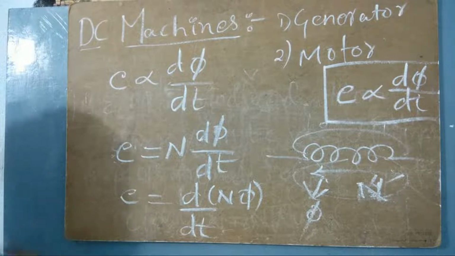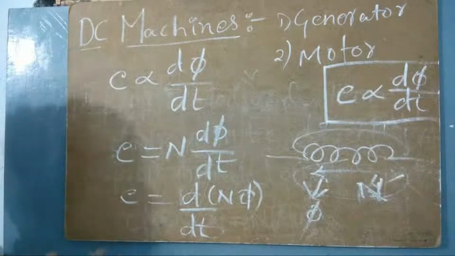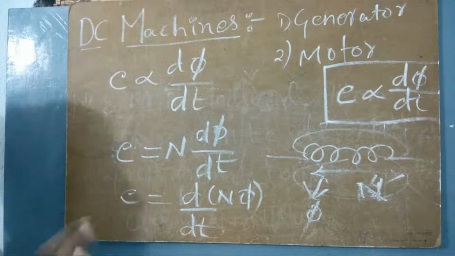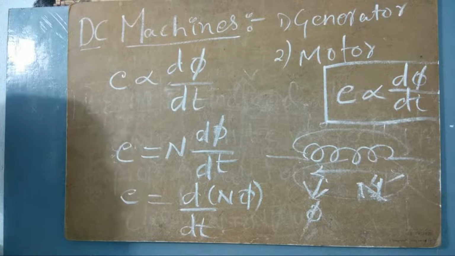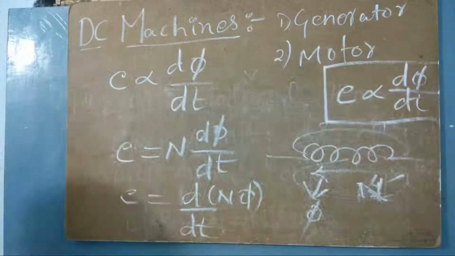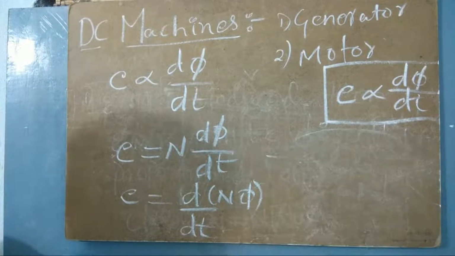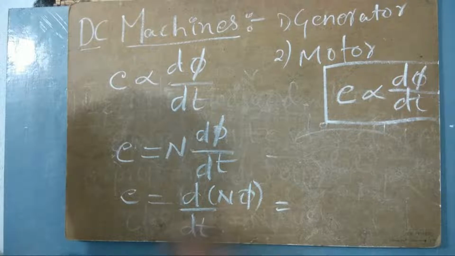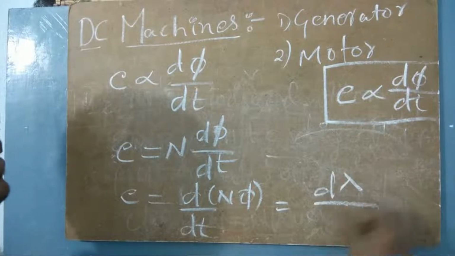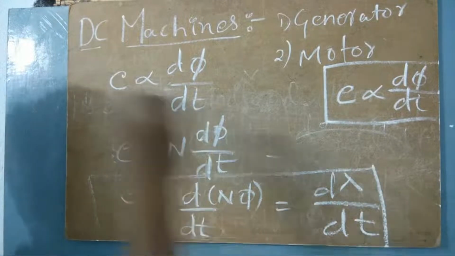So the EMF is equal to the rate of change of flux linkage. Let us write this: E equals d lambda by dt. This is the generated EMF equation that you will get.